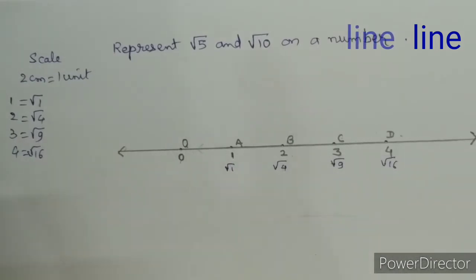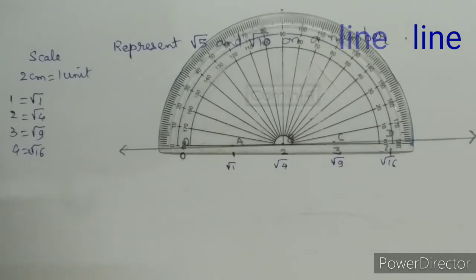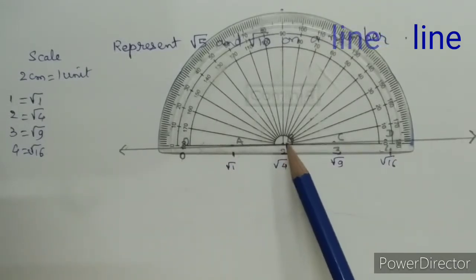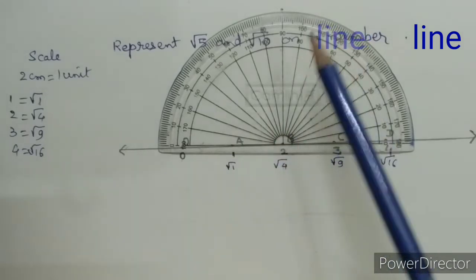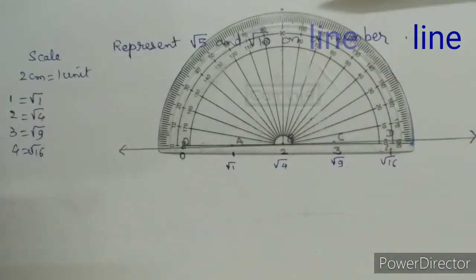To draw perpendicular at point B, I put here the center of the protractor at point B and mark a point here at 90 degree.